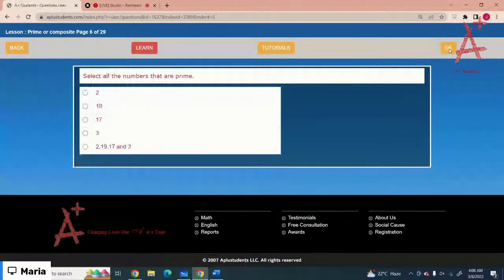Select all the numbers that are prime. 2, 19, 17 and 3. Which numbers are the prime numbers? All of them are prime. 2, 19, 17 and 3. Got it? All of the numbers are prime numbers. Very good.